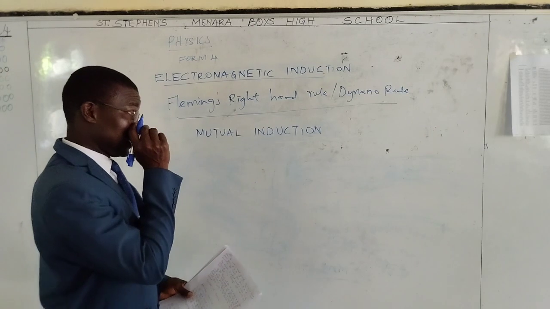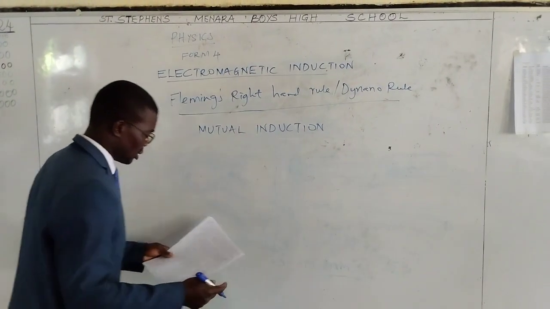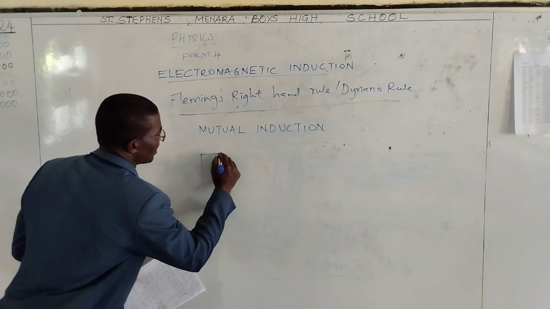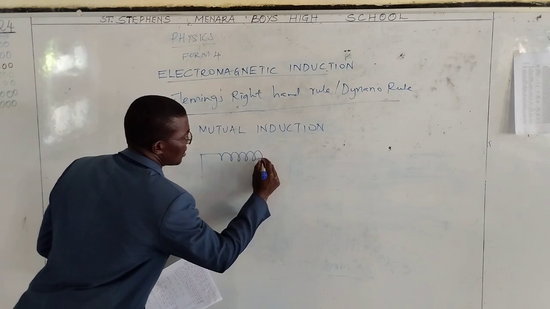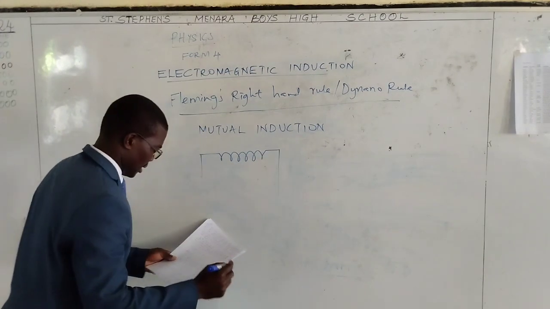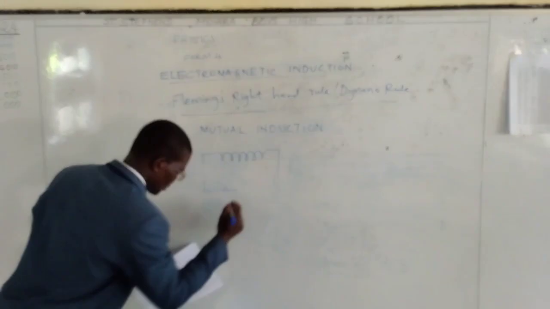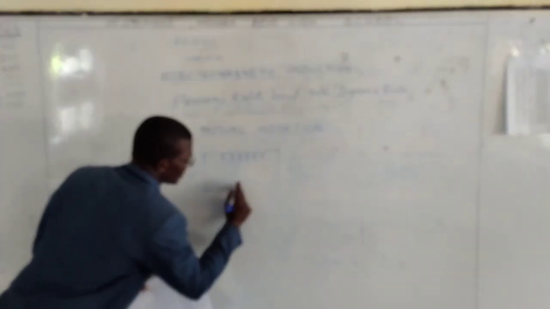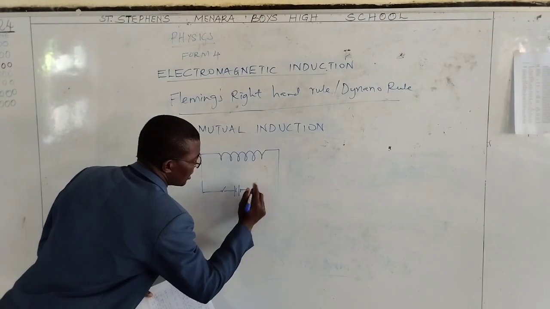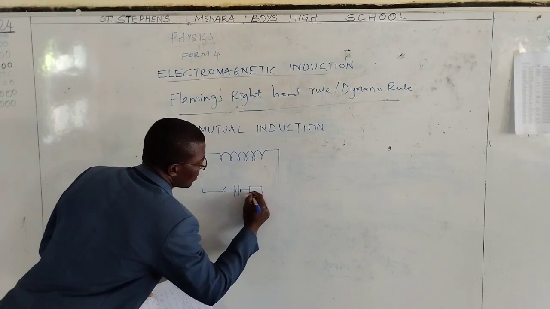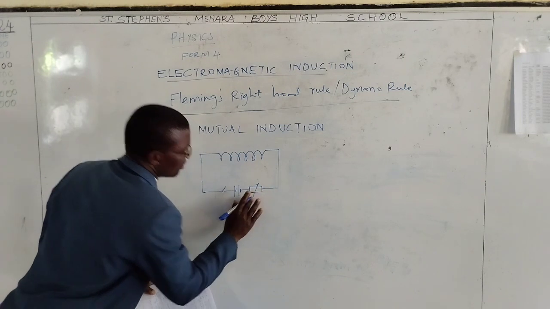So whenever there are two coils adjacent, let me draw some diagram here and you can use it. Whenever there is this coil called the primary coil, and here there is a switch, there is a power source of EMF, and there is a rheostat to vary the strength of current.